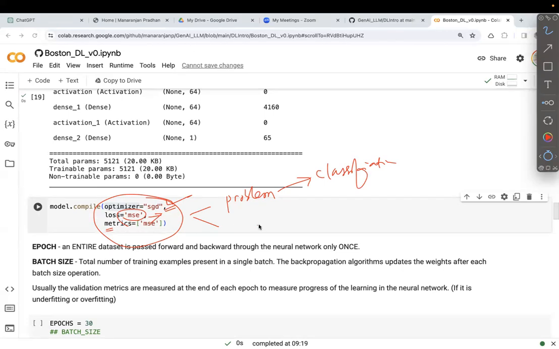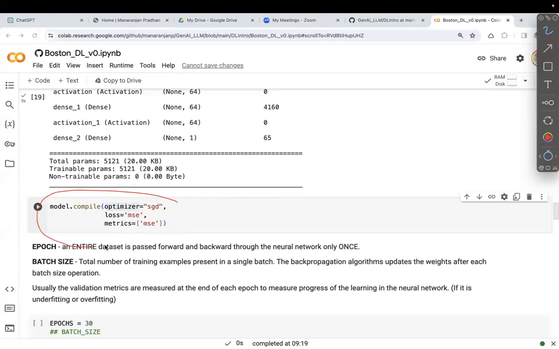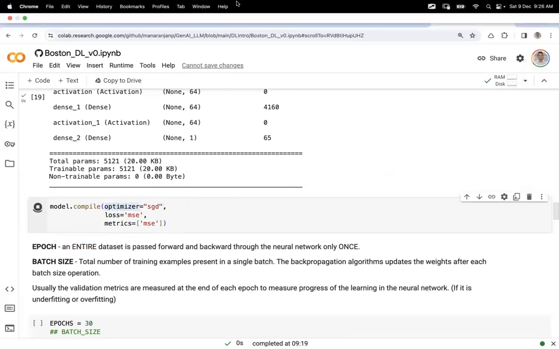In your metrics, for classification models, we typically use precision, recall, total accuracy or ROC AUC score. So these have to be appropriately set based on the problem that you're solving. You have to be very careful. But in this case, it's a regression model, so you're going to use gradient descent and MSE for all three of them. Okay, so let's execute that one.